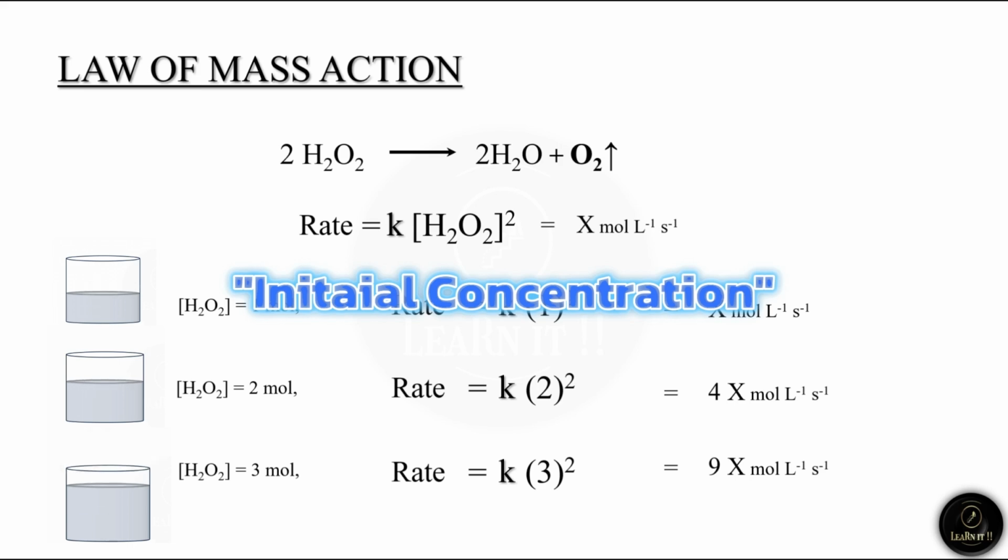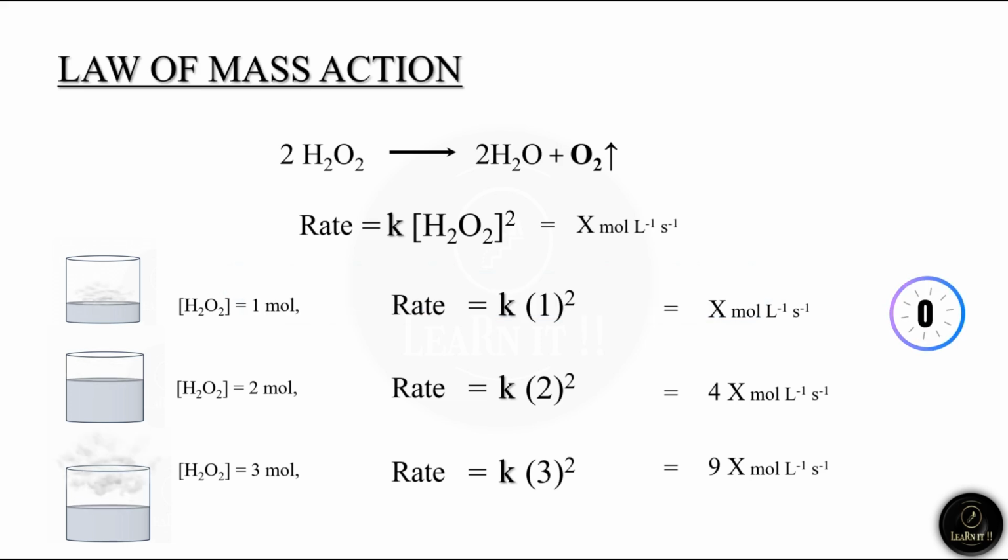We can calculate the rate of the reaction and it will have a certain value. And if we double the concentration, then according to the law of mass action, the rate will be increased by 4 times. It means the time taken to complete that reaction will be reduced by 4 times.